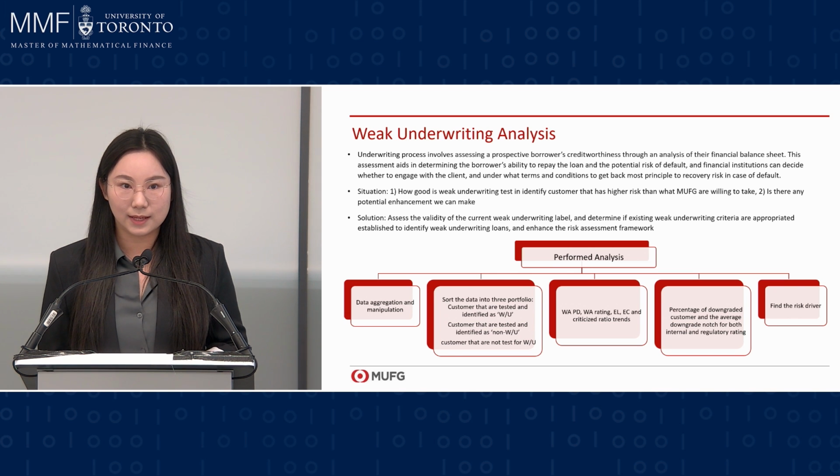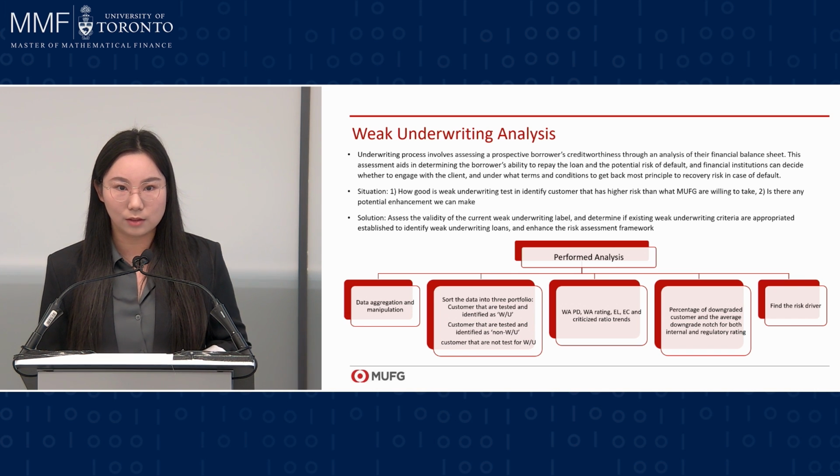We sorted the data set into 3 portfolios, and for each portfolio, we looked at and compared different metrics, including weighted average PD and borrower rating, expected loss, economic capital, and credit size ratio trend. We also examined the percentage of downgraded customers and the average downgrade notch for both internal and regulatory ratings in each time frame.